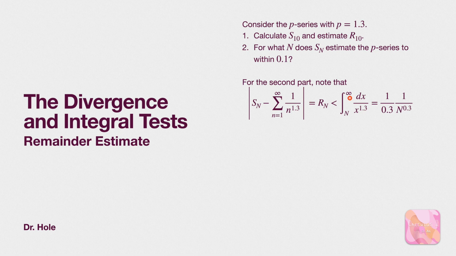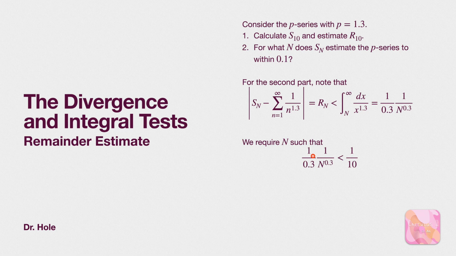You want to make sure to write this out as a limit. Then we come up with the value. Now, this is the controlling value on the remainder. And what we want is that this controlling value itself is less than the given tolerance. We have a tolerance of 1/10. So we want 1/10 to control this controlling estimate.